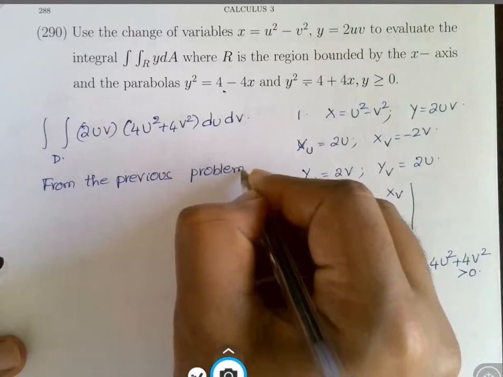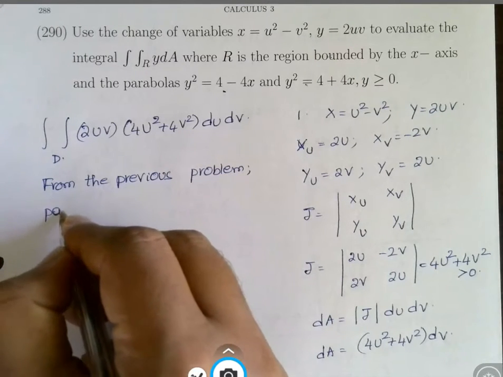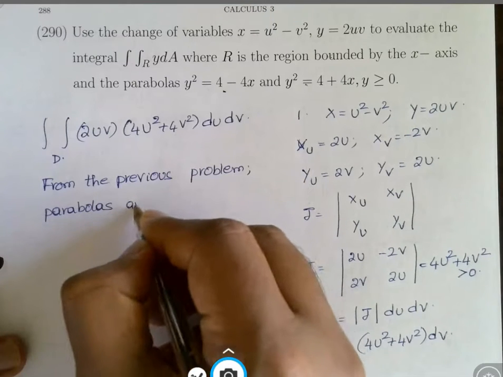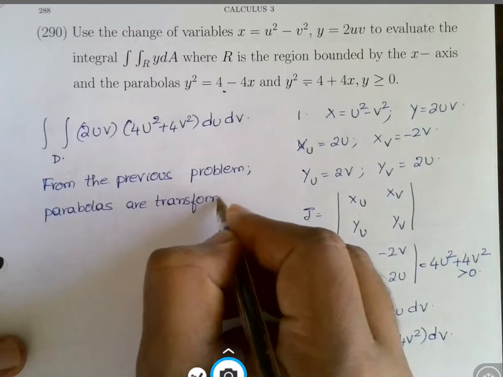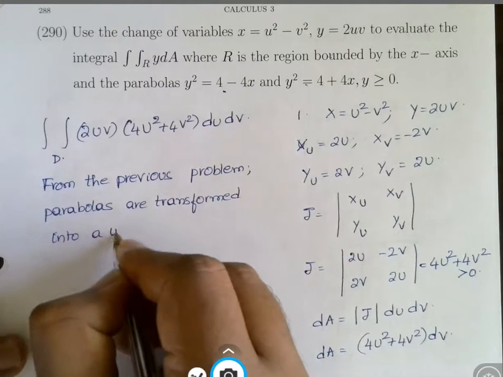The parabolas are transformed into a unit square.